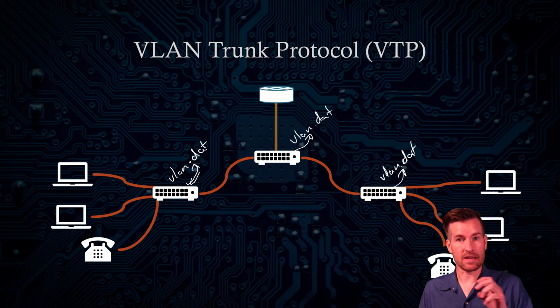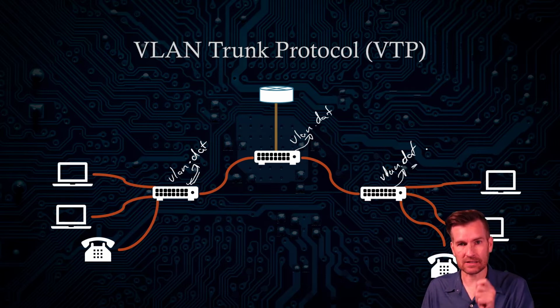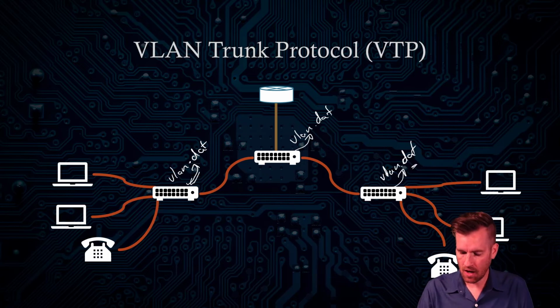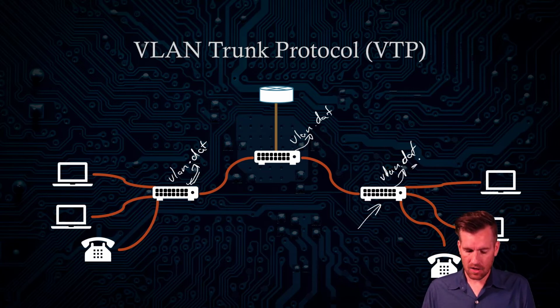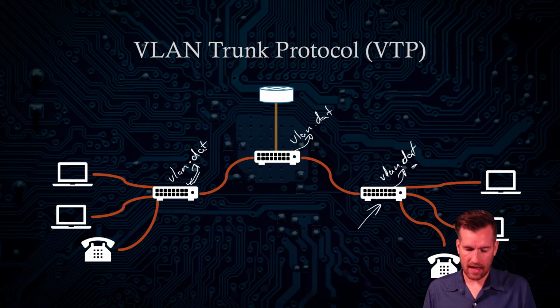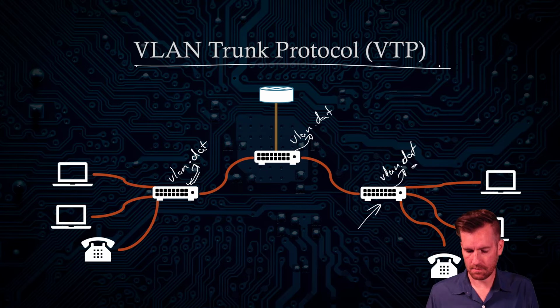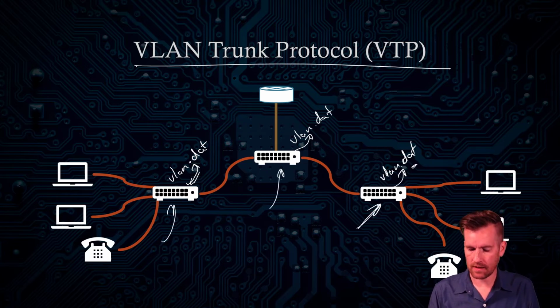I've had a situation before where the internet service provider that was providing services didn't configure one of the switches correctly, and our internet went down because of it, and they forgot one of the VLANs. So one of the solutions for that is by using the VLAN Trunk Protocol, where you set up VTP to operate on each one of these switches.